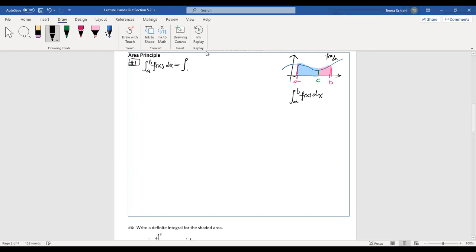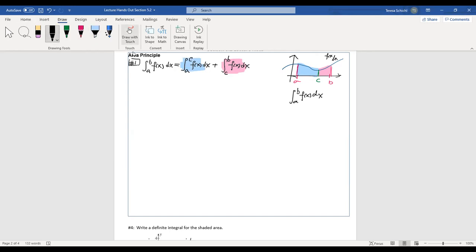So I can say this is a to c of f of x dx, which gives you the blue area, plus c to b of f of x dx. Correct? So this is our first principle. It's kind of obvious, because with the color coding, c to b is this pink one and a to c is this blue one.